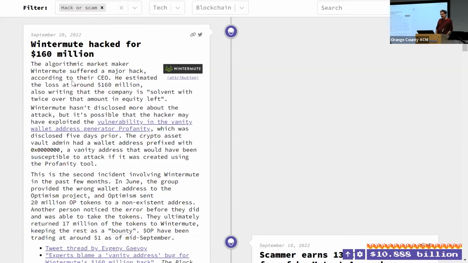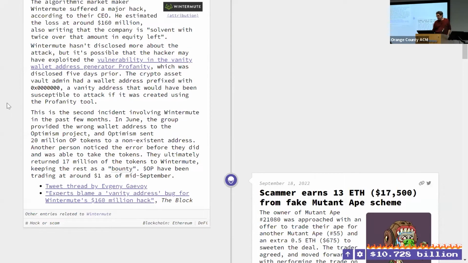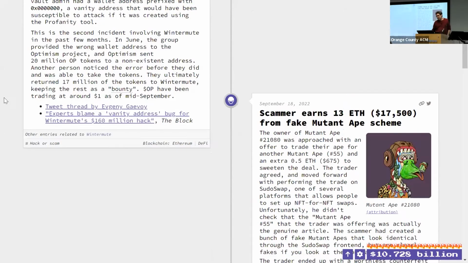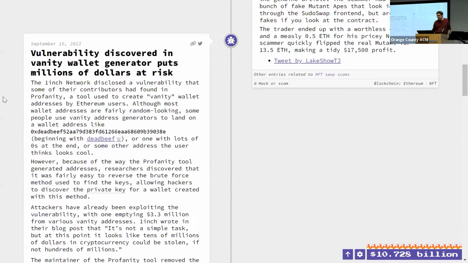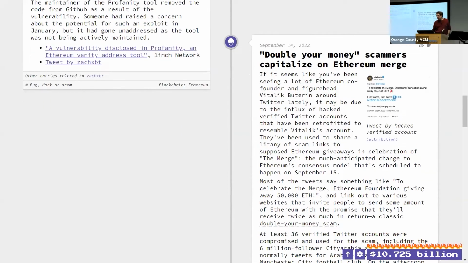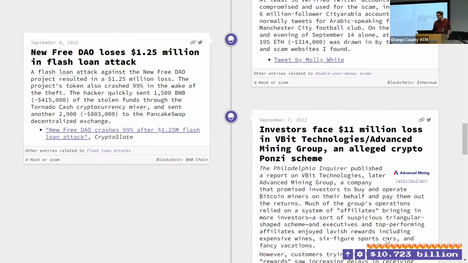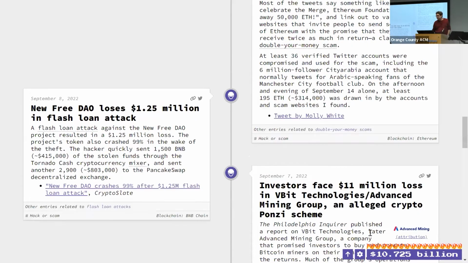Just yesterday, apparently, 160 million, as you can see. And if you scroll down the list, you see that this happens more. 160 is of course a big sum, but basically there's something every day. 1.25 million a week ago, and so on.